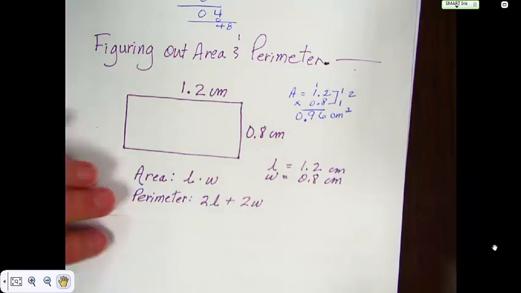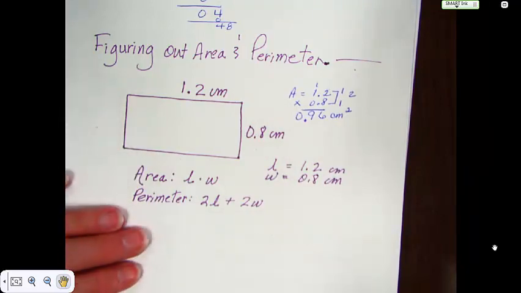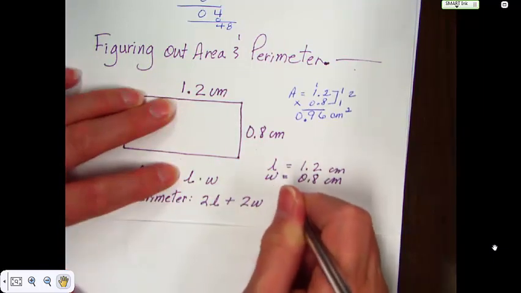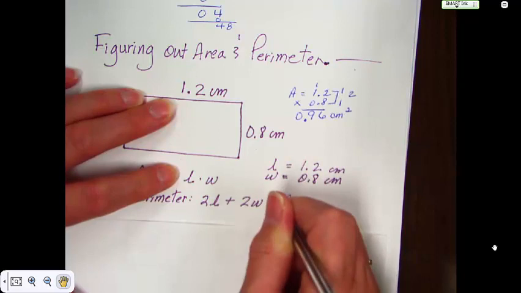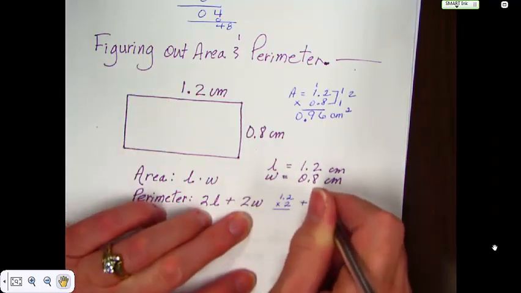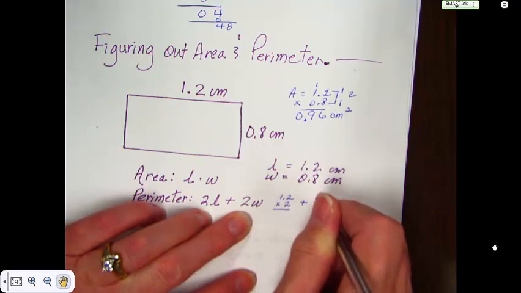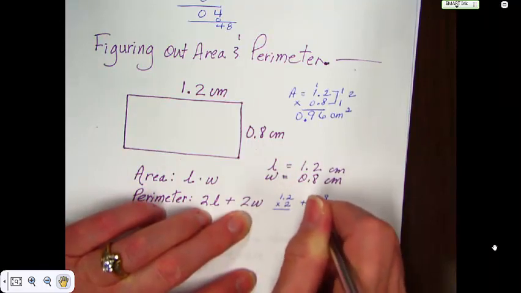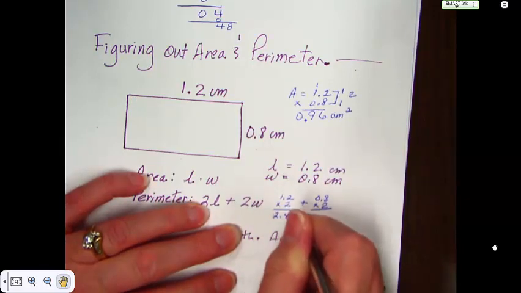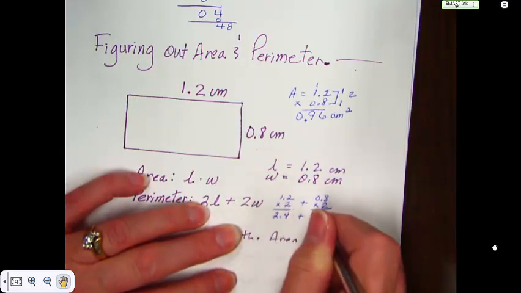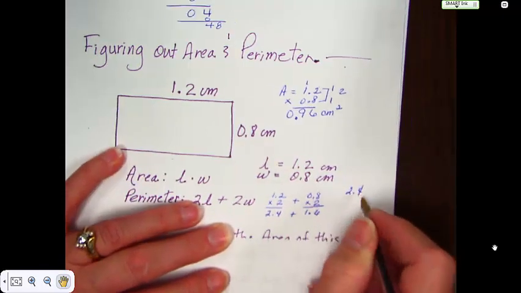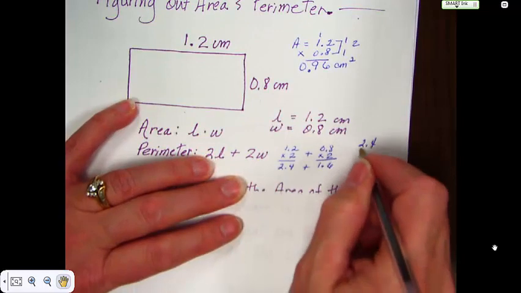Okay, the perimeter is twice the length, so it's 1.2 times 2, plus twice the width, which is 0.8 times 2, which gives you 2.4 plus 1.6. 2.4 plus 1.6.